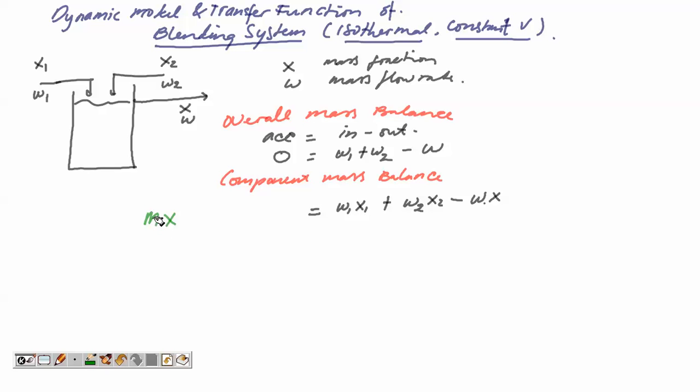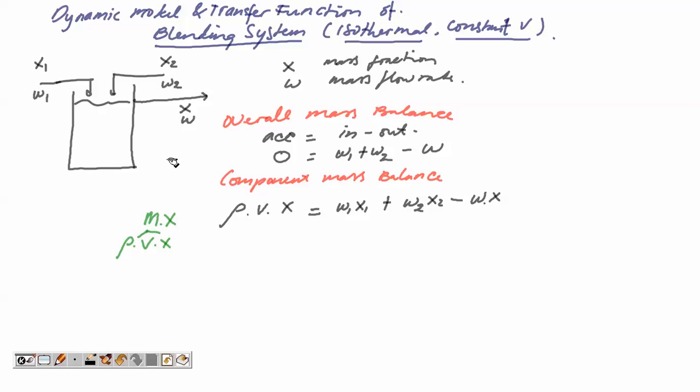The mass is rho times volume, so we get rho, volume, times x.